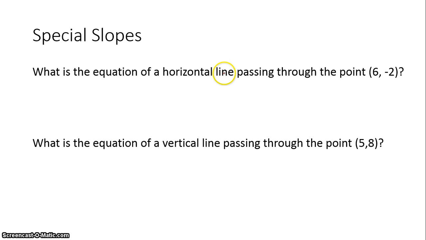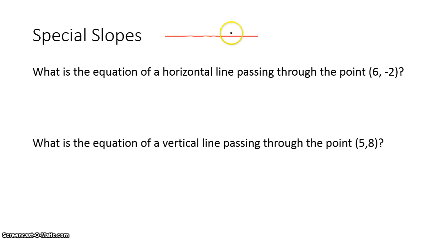What is the equation of a horizontal line passing through the point 6, negative 2? Now, in order to answer this question, you have to know the difference between horizontal and vertical, right? So the way I tell the difference is a horizontal line is like the horizon, right? It runs left to right or sideways or wherever you want to look at it. So this is a horizontal line.